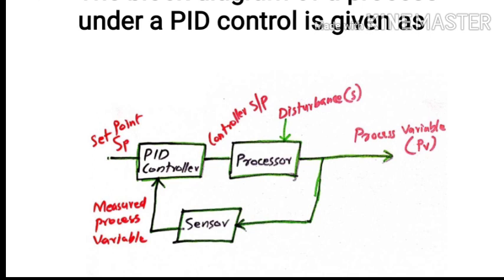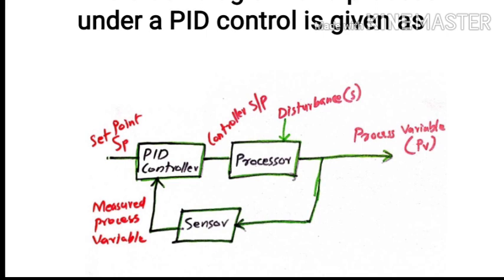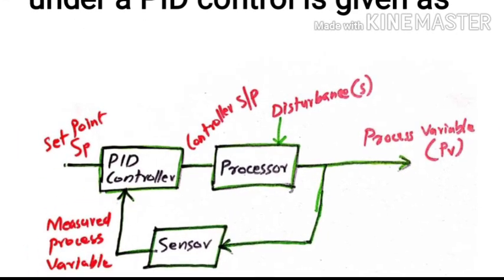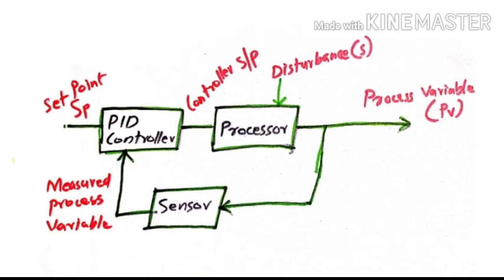The output of the PID controller is connected to the processor, and the processor to the robot. The processor's output is sensed by using different varieties of sensors, which sense the link and end effector parameters like force, torque, displacement, etc. And these measured variables are fed back to the PID controller, where S is the disturbance and the output is the process variable, which is represented as PV.